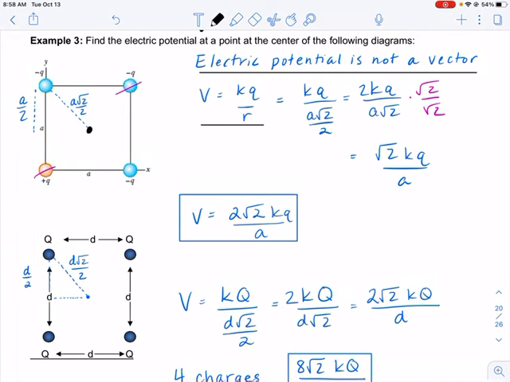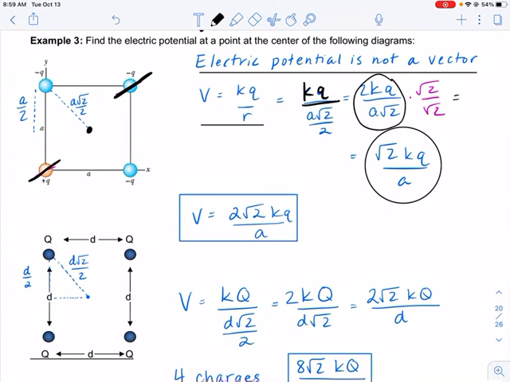The amount of electric potential coming from each one of these 4 charges is kq over the distance, and the distance is a times the square root of 2 over 2. I could write it like this, or simplify it to the square root of 2kq over a. Now I simply add all of the potentials together, but the positive and negative ones cancel.